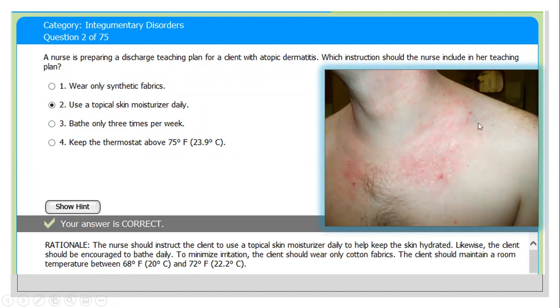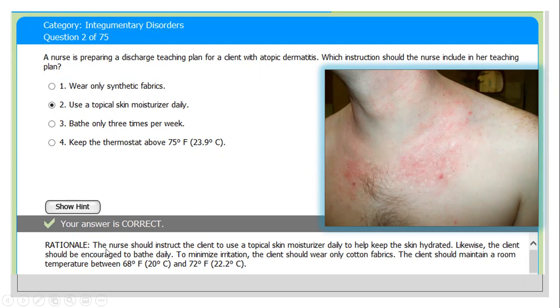So in this picture, we can see atopic dermatitis. Atopic dermatitis, also known as eczema, right? Basically, eczema or atopic dermatitis is a group of skin conditions characterized by redness. You see the red and itchy rash.